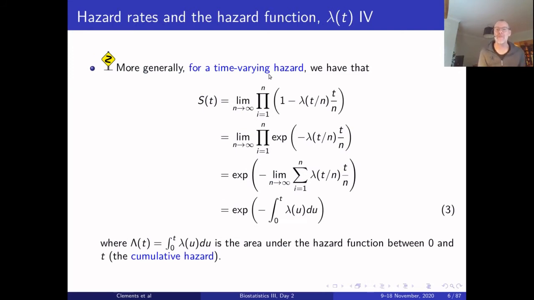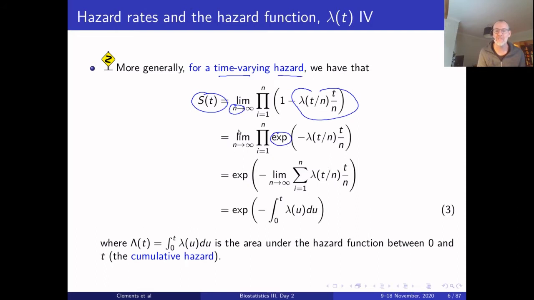More generally, the hazard may vary with respect to time. So this shows that we have lambda at t divided by n as we're moving across the different segments. Again, survival is equal to the limit as n gets large of the product of these conditional probabilities. And again, this value gets smaller and smaller and closer to 0, which means that we can use the exponential of that.